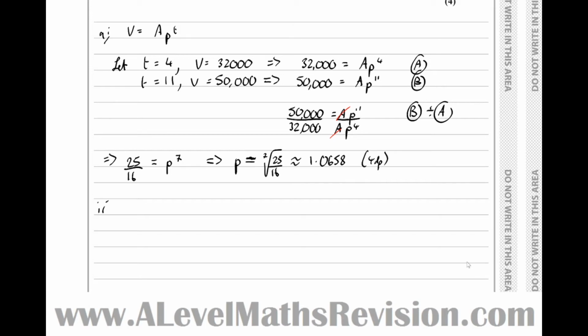Part 2 asks us to show that A is approximately 24,800. So let's take equation A now. So this one here.